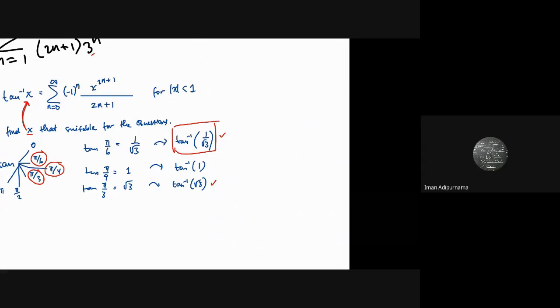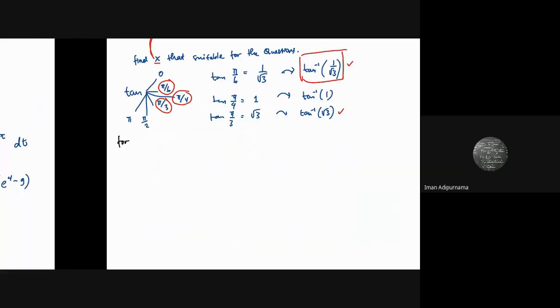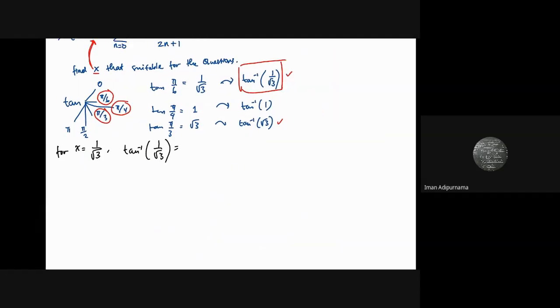Okay, so we can write x is equal to 1 over square root of 3. We have tangent inverse like that, and we input the x inside the series.